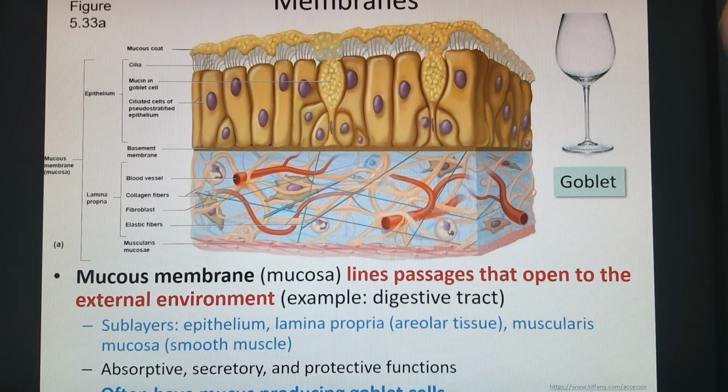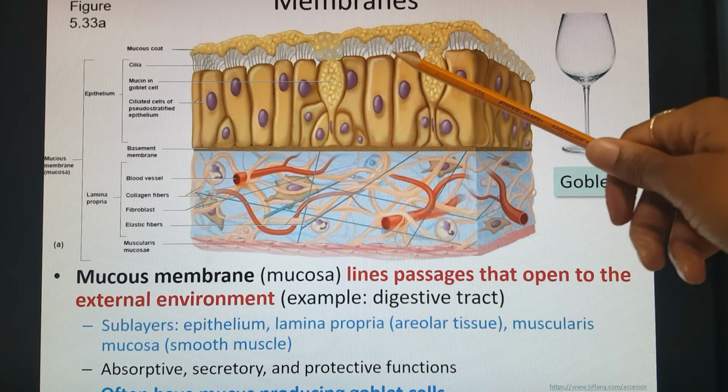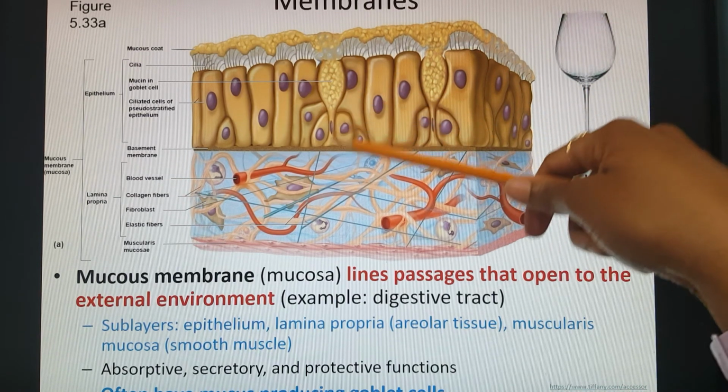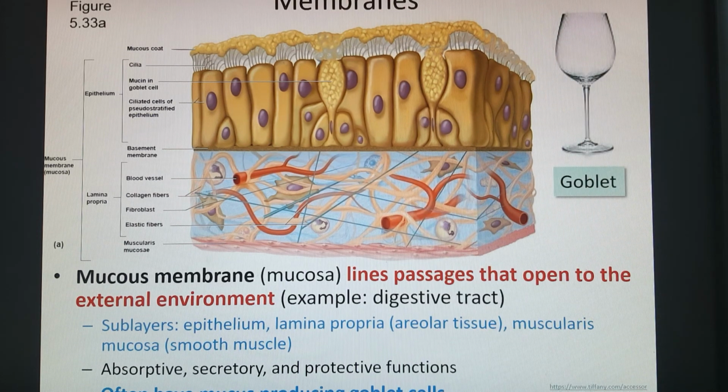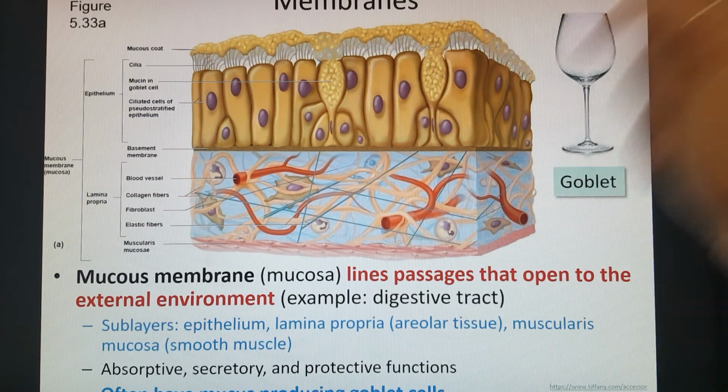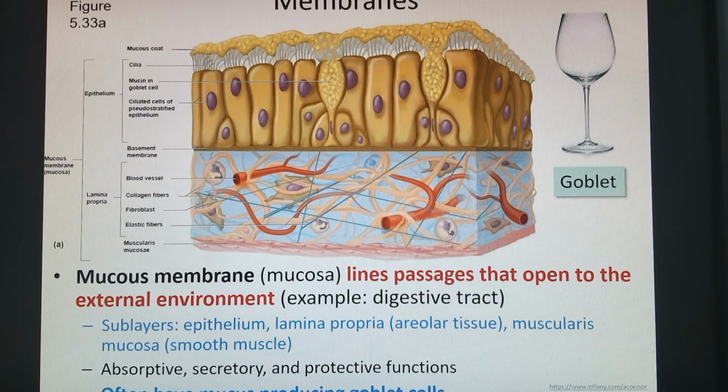This particular type is our pseudostratified columnar epithelial tissue, so even though it looks like they're stacked on top of each other, every single cell touches the basement membrane. In our mucous membrane, we have our goblet cells. Those are our unicellular, or one-cell, glands, and their job is to create mucus.